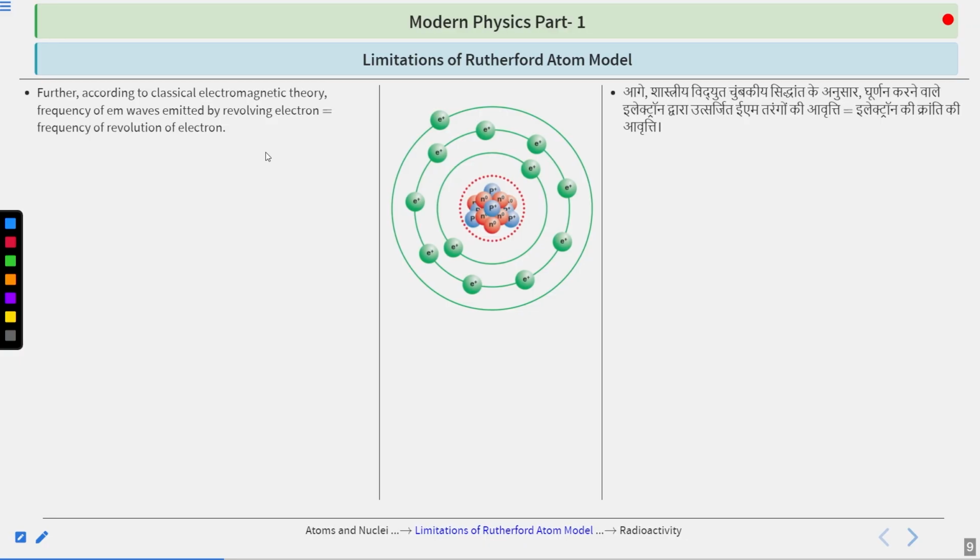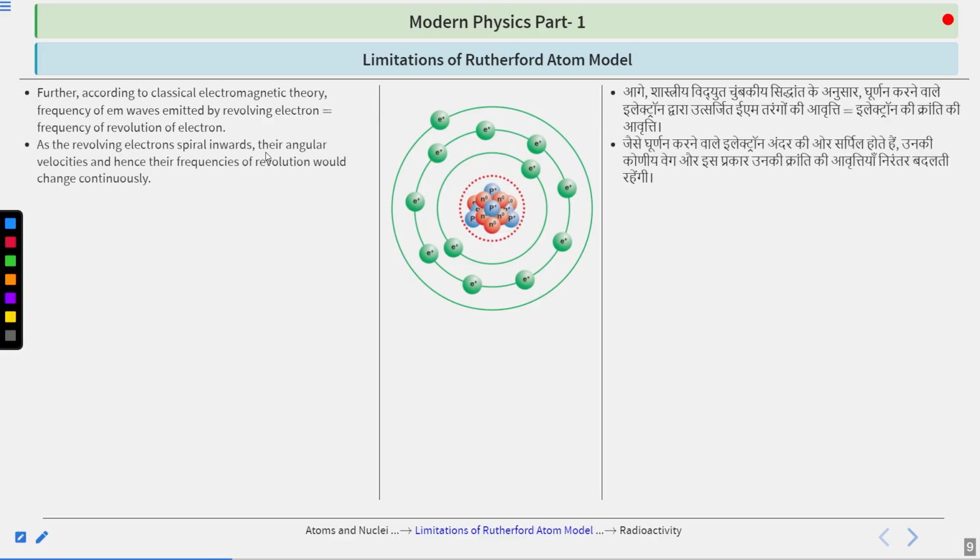Further, according to the classical electromagnetic theory, the frequency of electromagnetic waves emitted by a revolving electron must be equal to the frequency of revolution of the electron. As the revolving electrons spiral inwards, their angular velocities and hence their frequencies of revolution would change continuously.